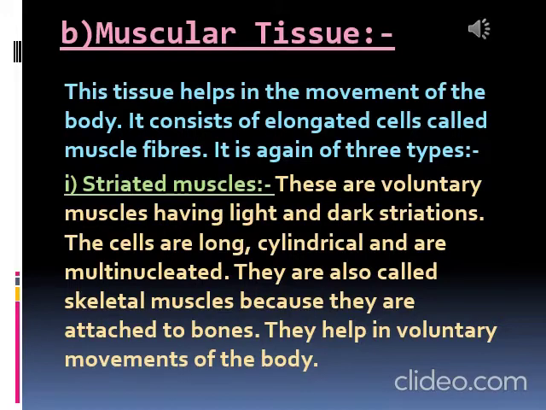Striated muscles, basically these are the muscles which are attached to our bones and help in the movement of the body, and these help in the voluntary movements of the body, meaning you can move your hand or your leg according to your will. So these are voluntary muscles.